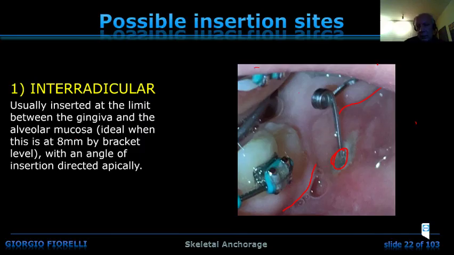Inflammation and bacterial problems here. In this case, you get a 50 to 80% possibility that you're going to lose the TAD, and it gives a lot of problems for the period it stays there.